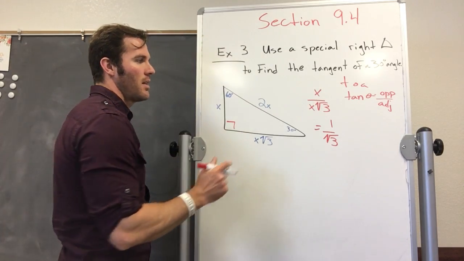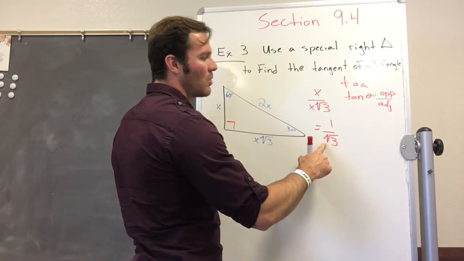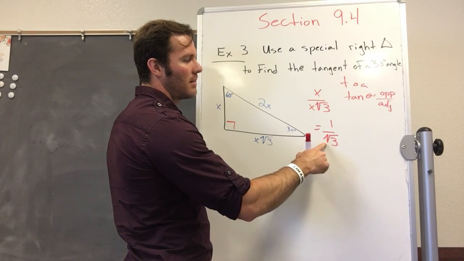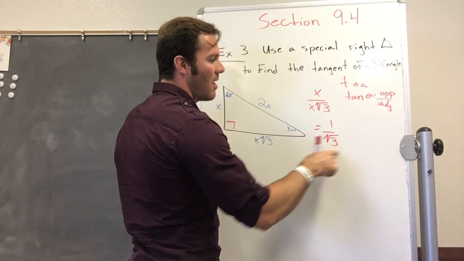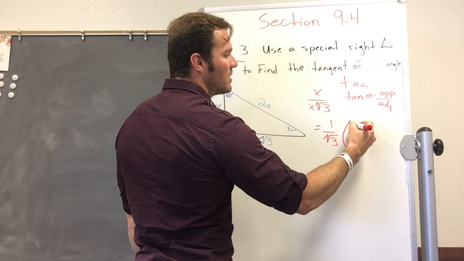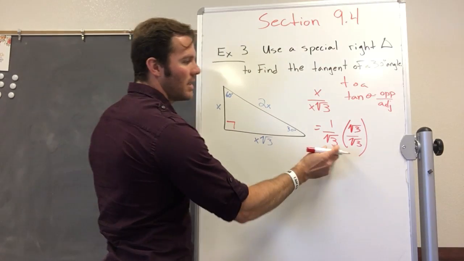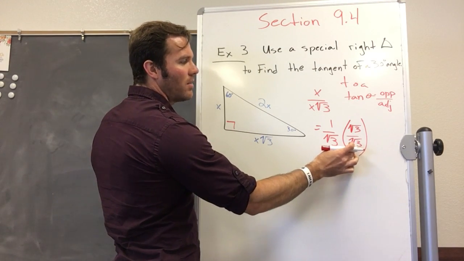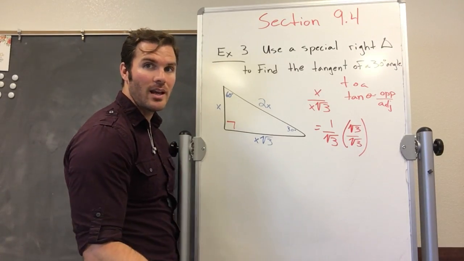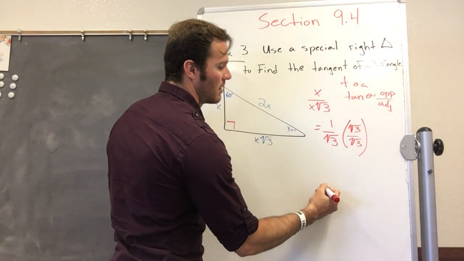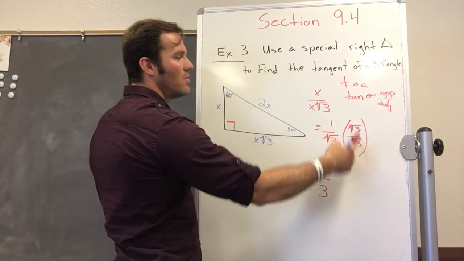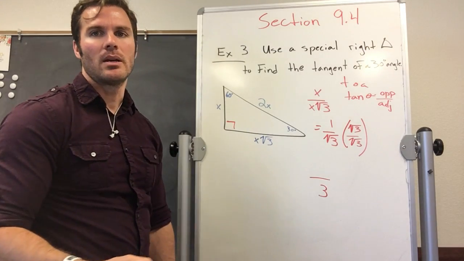That's just math. So in order to get the square root out of the denominator, we have to multiply by the square root of 3, because the square root of 3 times the square root of 3 is 3. But why did I have to do square root of 3 over square root of 3?